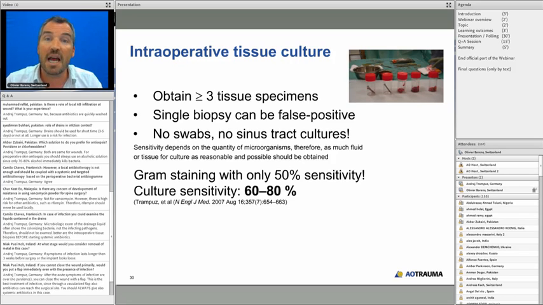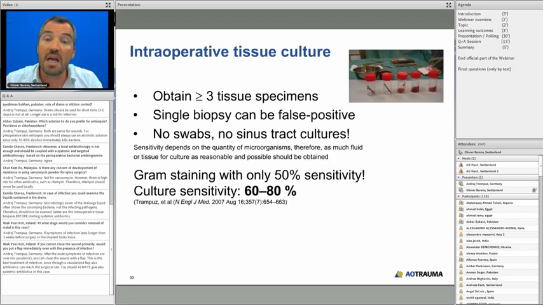And please do not take any swabs, because the sensitivity is very low and it might be false negative. At the same time, don't take tissue specimens from sinus tracts, as they risk being false positive, which means they risk showing you germs which are on the surface or in the sinus, but not those which are really on the plate and on the bone.